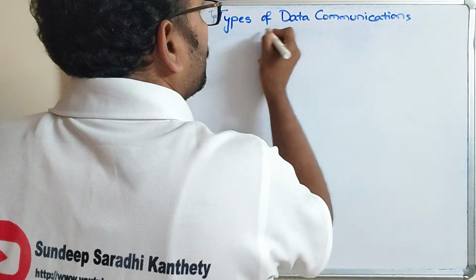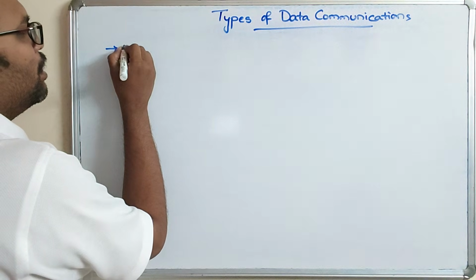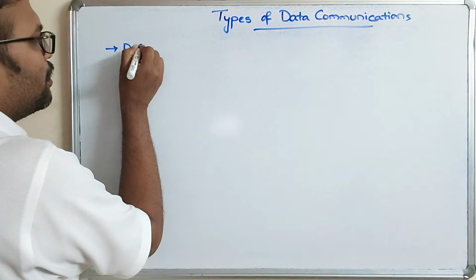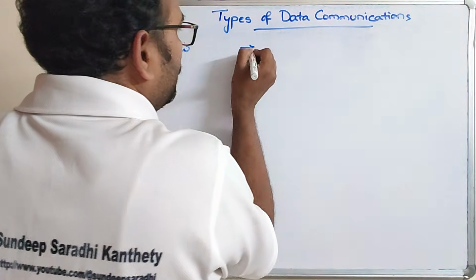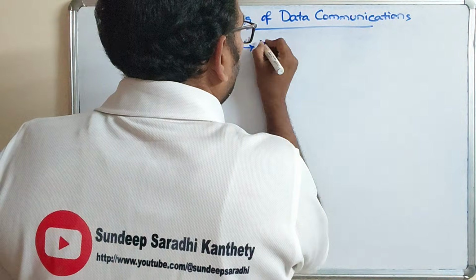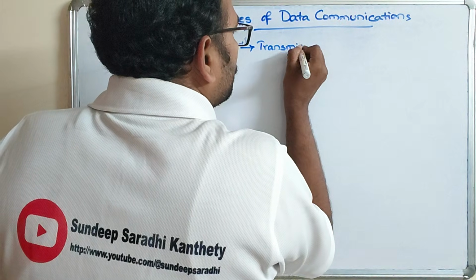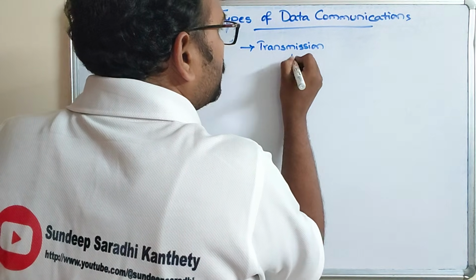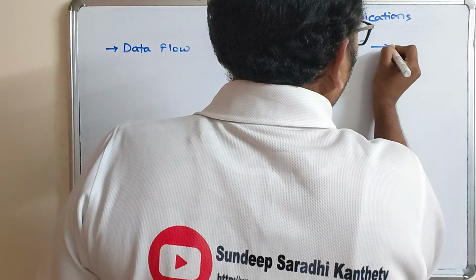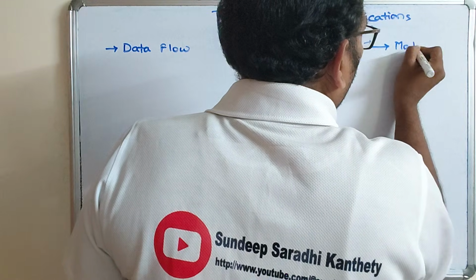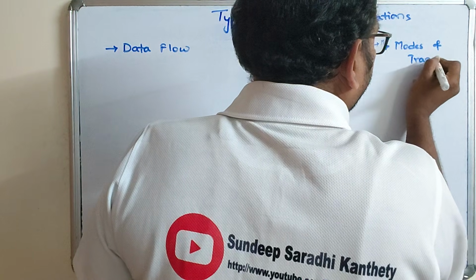So types of data communication. The first one is based on data flow. The second category is based on transmission medium. And the third one is based on modes of transmission.